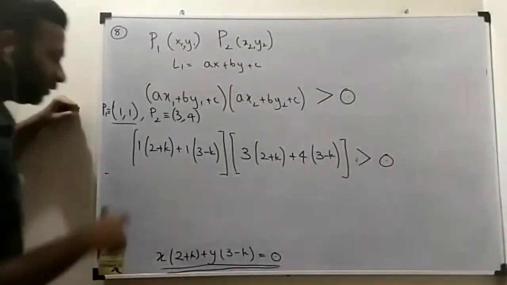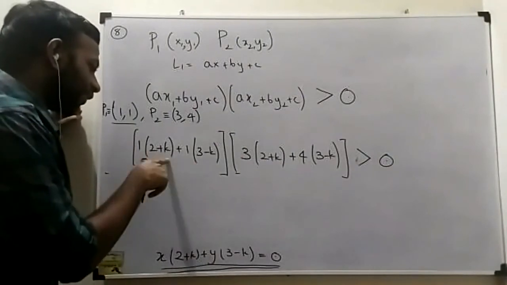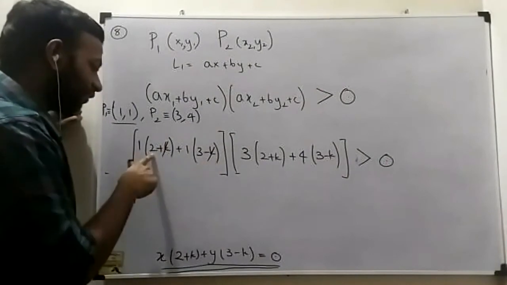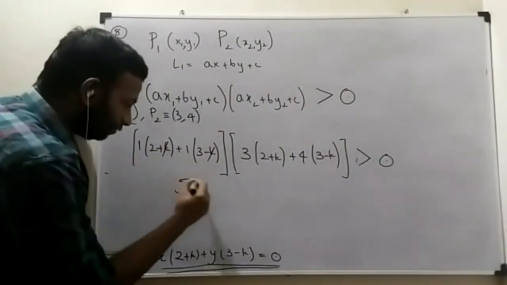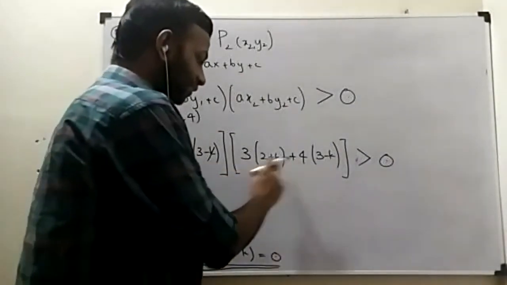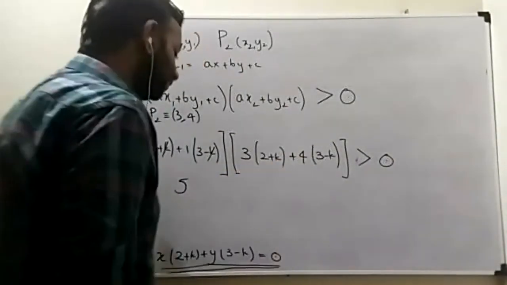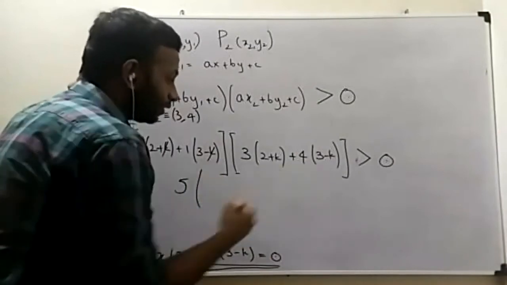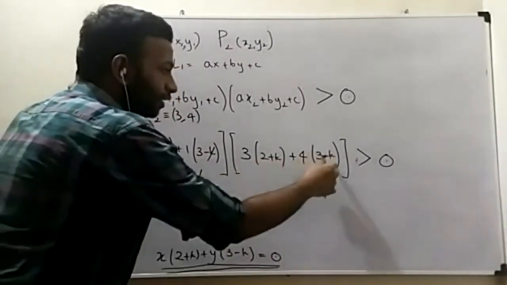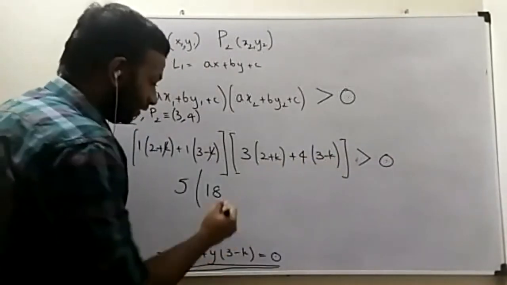So this is 1 times k is k, 1 times minus k is minus k. So this k cancels out. This is 2, 3. So the answer here is 5. Here, 3 times 2 is 6. This is 4 times 3 is 12. 6 plus 12 is 18. 3 times k is 3k, minus 4k. 3k minus 4k is minus k.